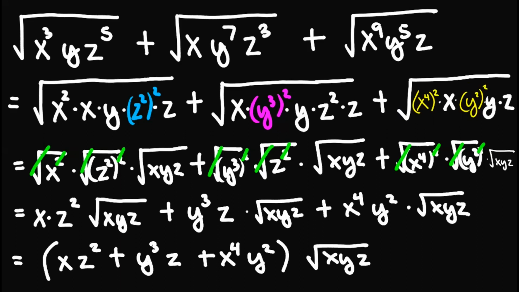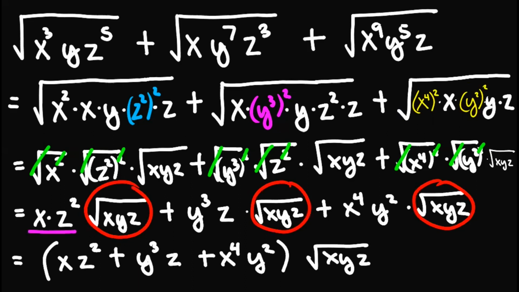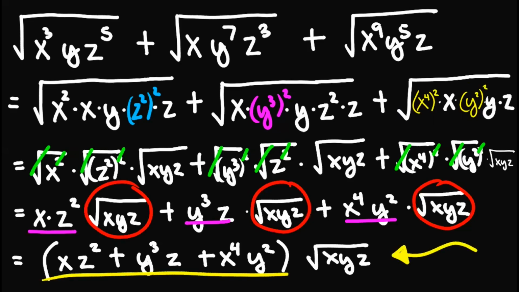It's because note that the radicals left are similar. So basically, we can add their coefficients. And we obtain this one as our final answer. This whole expression.